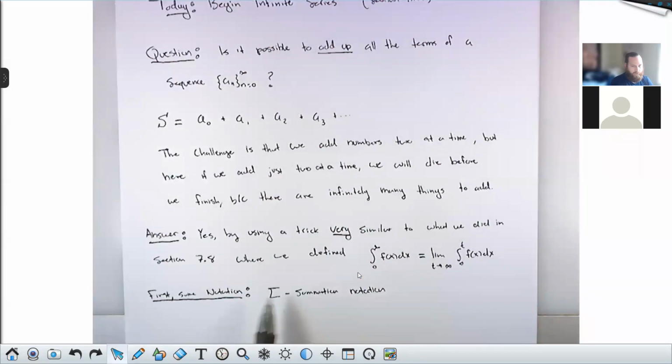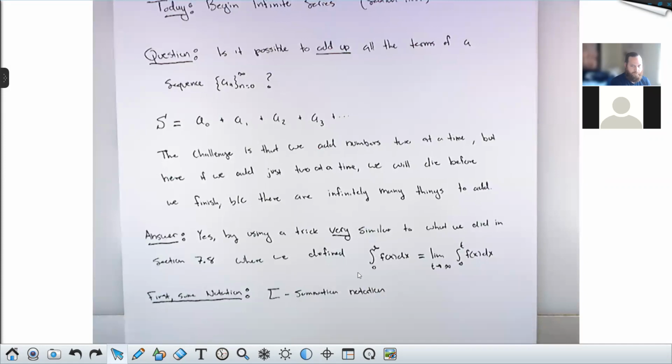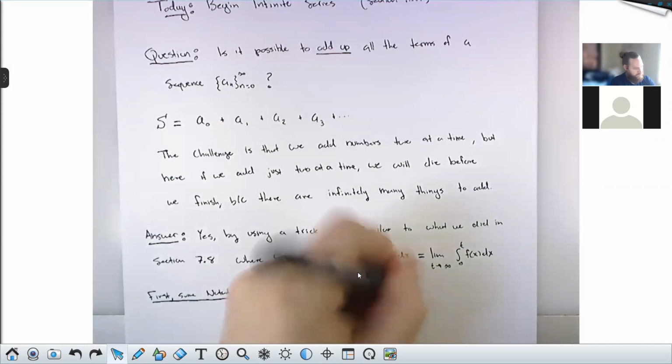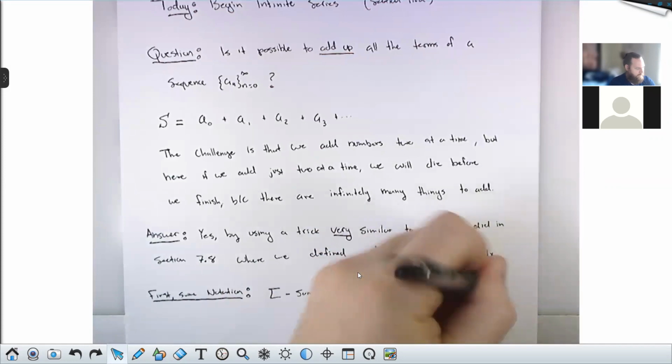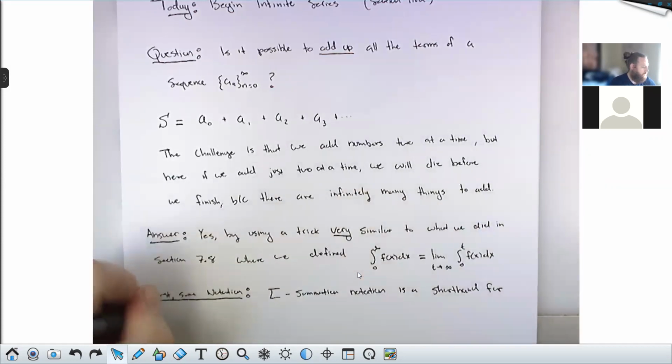This is a Greek capital letter sigma. And basically what it says is take the thing next to me inside of the operator sigma and add it up. So this is a shorthand for long addition problems.